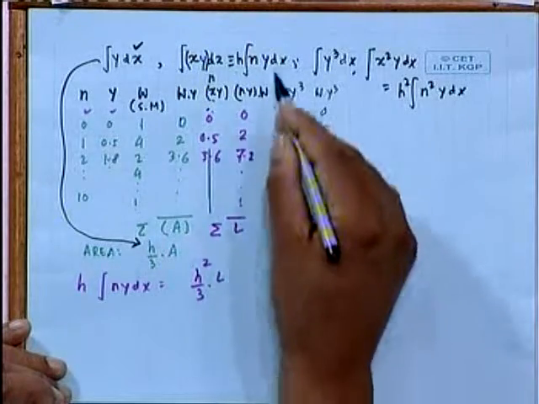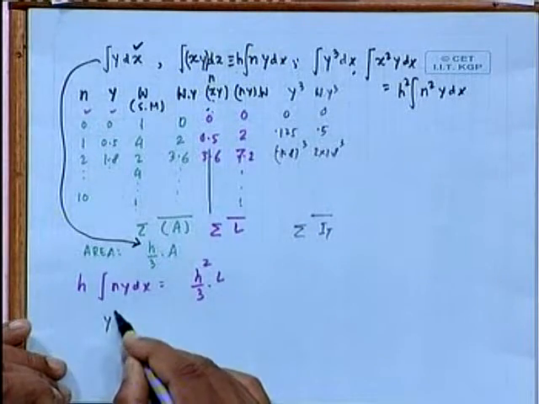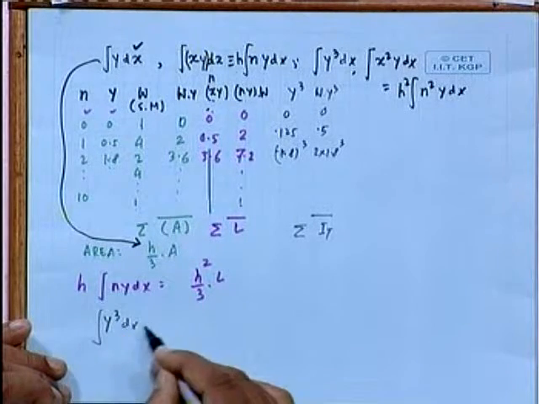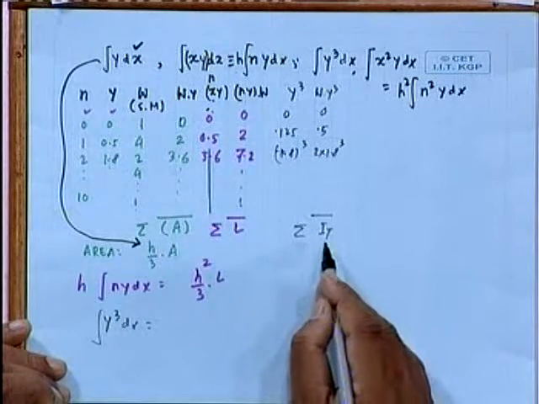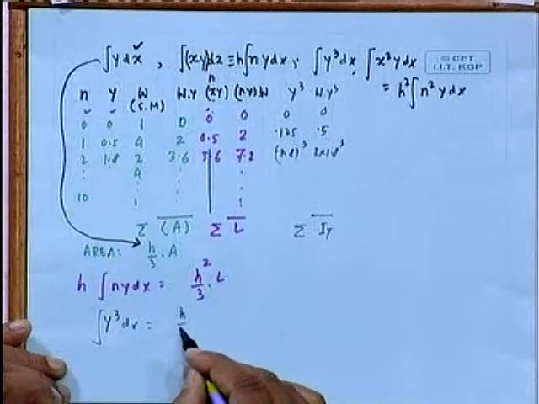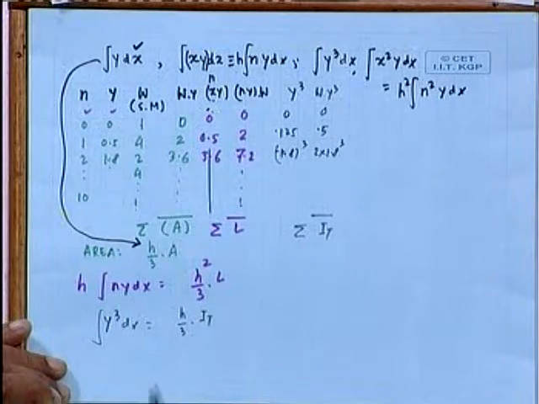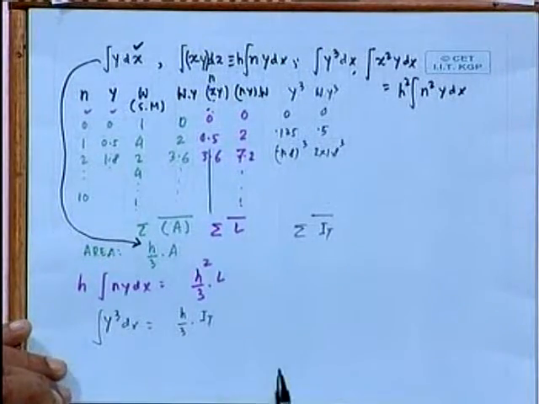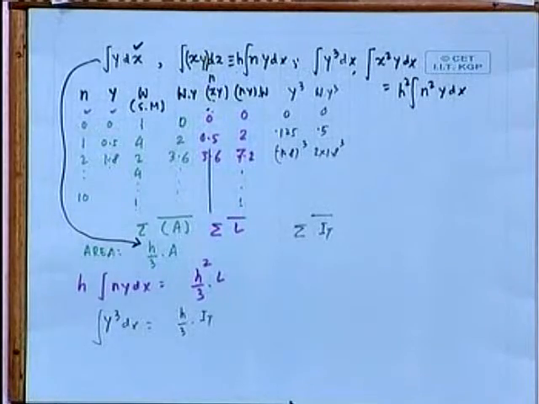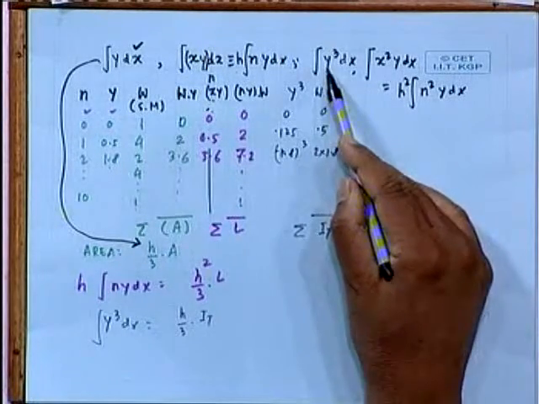Now it is integration y cube dx. Remember, there is no h and all, this is the correct number, so it becomes simply h by 3 into IT, this number. Check the unit. What should have been the unit of this? It should have been actually meter 4.